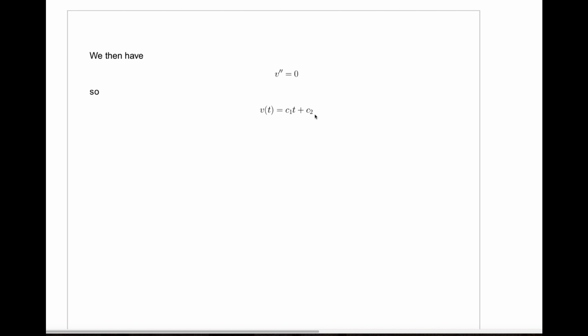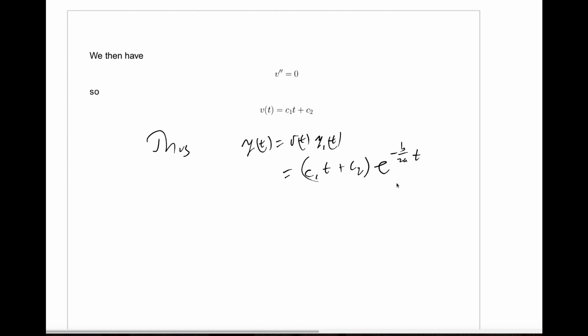You can easily just go through the two-step process or recognize immediately that the solution is that v(t) must be just some linear polynomial, one constant times t plus a second constant. And thus, our solution y(t), which is v(t) y1(t), has to be a function c1 t plus c2 times e to the minus b over 2a times t.